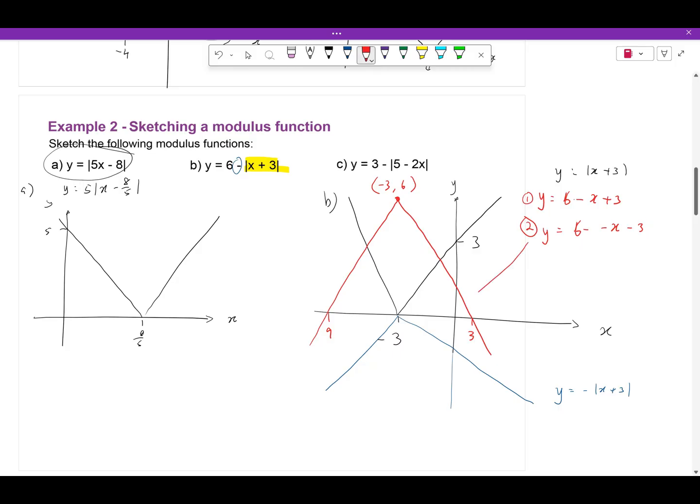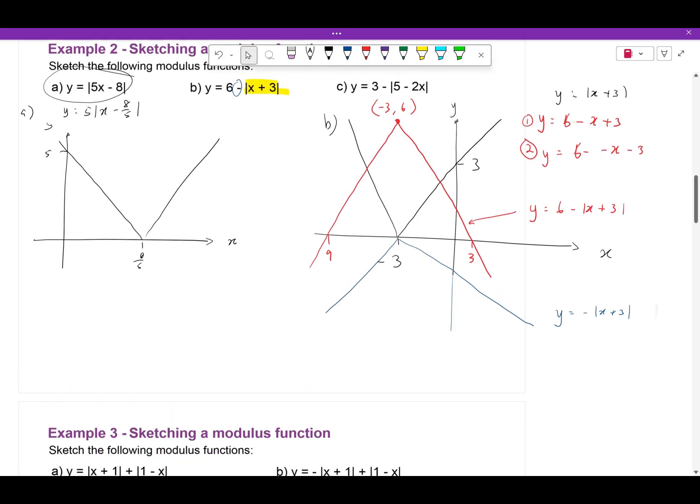So this one is our, oops, sorry. 这一个才是我们的 y equals to 6 minus absolute x plus 3. So the last one is going to be the same. If you are really confident, you can do everything all at once.